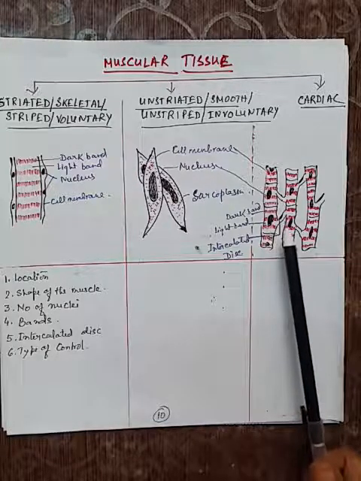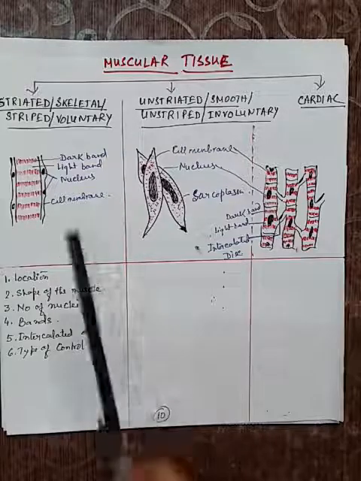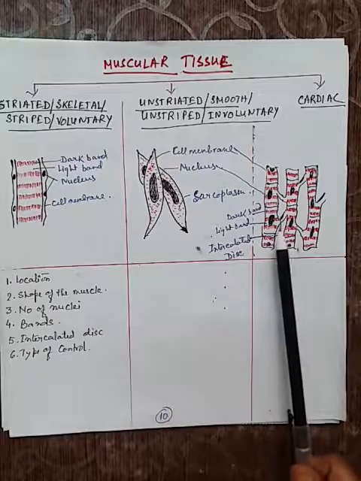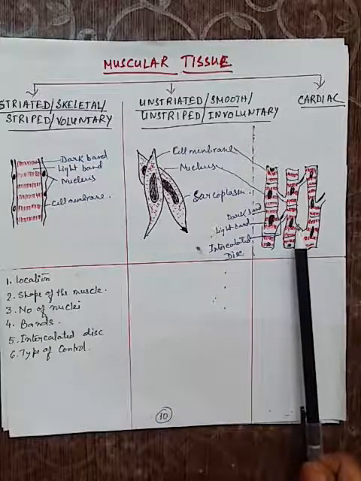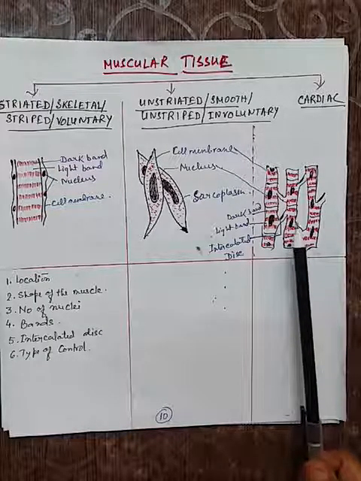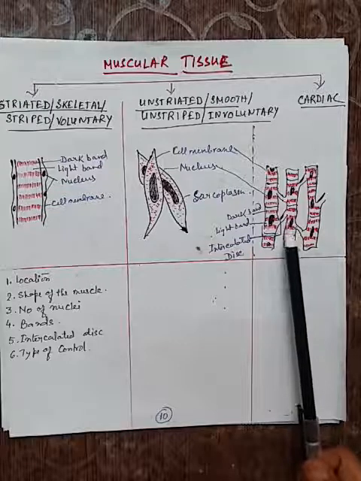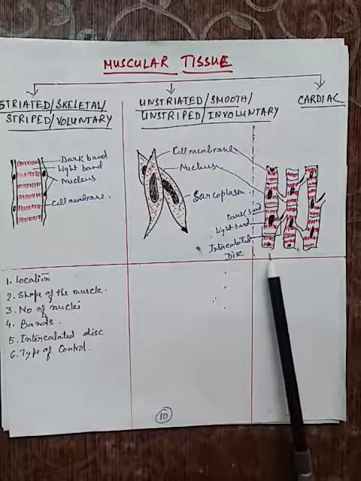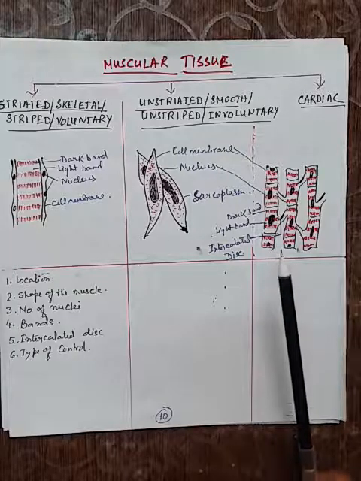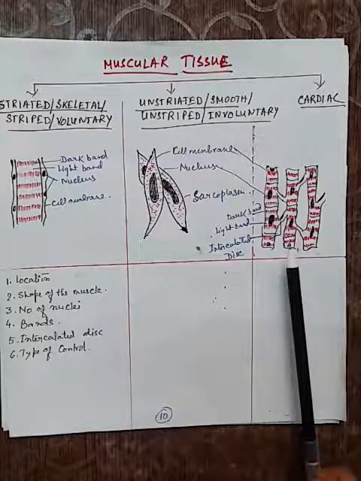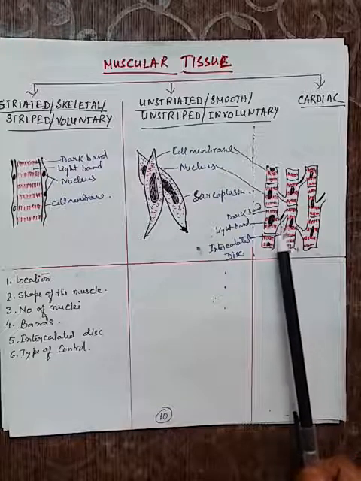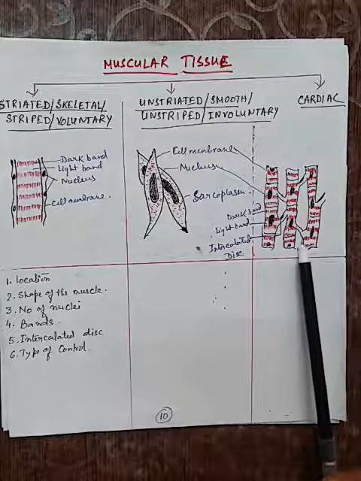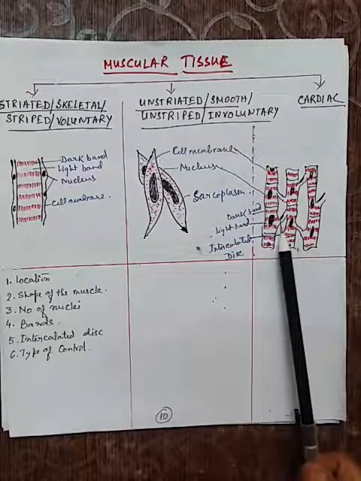So the main specialty: all the voluntary muscles are striped, but this is not a voluntary muscle, it is an involuntary muscle, yet it has dark and light bands or strips. And one specialty present only in this cardiac muscle is that in between the cells, the connections or bridges are there, called intercalated disc.